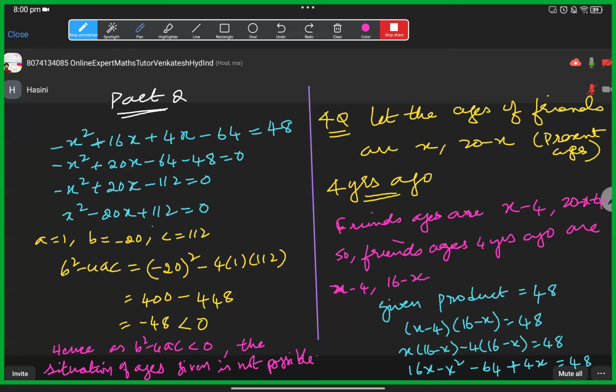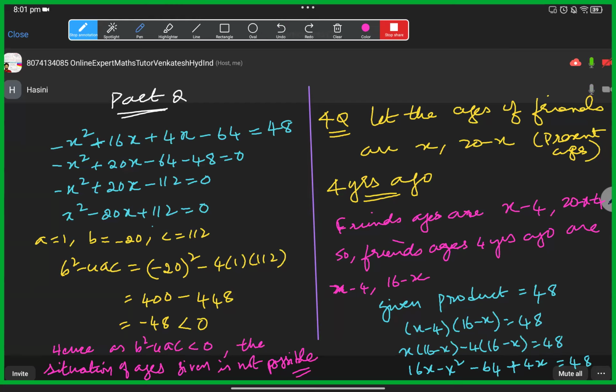Why, Hasni? Because here for ages I wrote x. If you find x there, x is the age of one person. Understood, Hasni? Yes, sir. Because if you try to find the values, b square minus 4ac is less than 0, which means splitting the middle term is not possible.